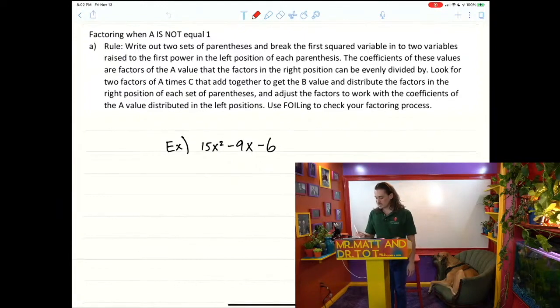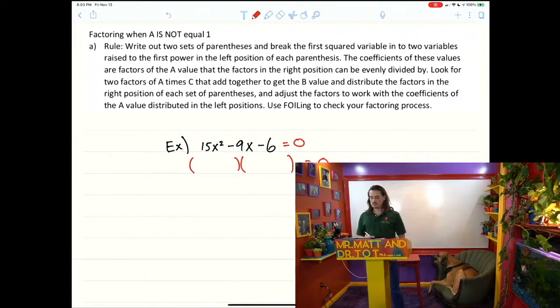So if this is all set equal to 0, now if we're going to factor, what we do is we write out two sets of parentheses and break the first squared variable into two variables raised to the first power in the left position of each parentheses. So I'm just going to write out two sets of parentheses like this, and this is set equal to 0. The coefficients of these values are factors of a that the factors in the right position can be evenly divided by.